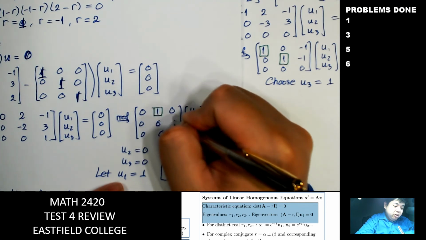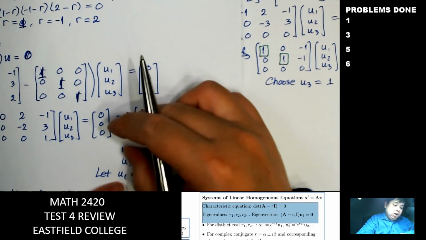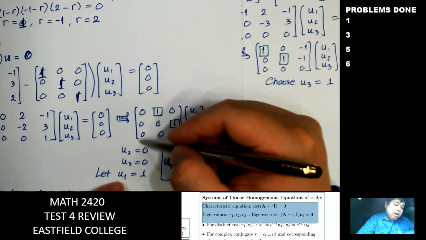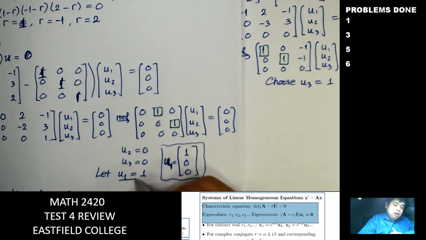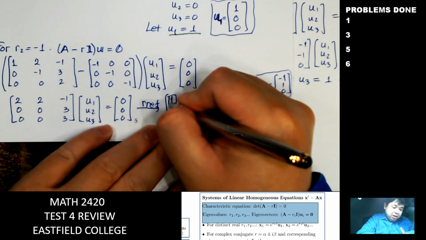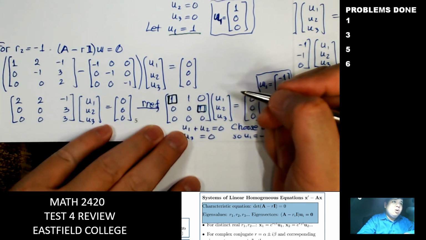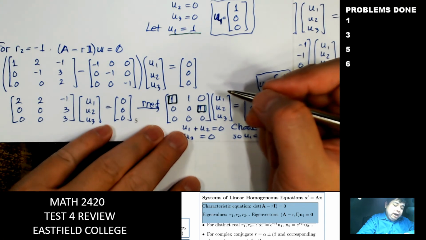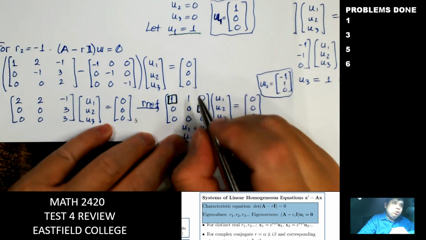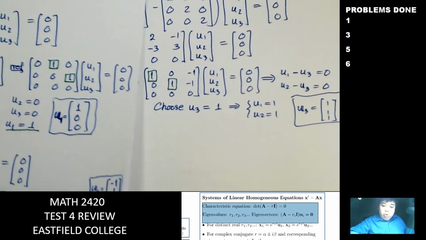The first non-zero element in a row is 1, so we have 1 and 1. This column doesn't have anything, so that's why we're going to let that be 1. Same thing here. The first non-zero entry in the row is 1, and then there's nothing here, so we're going to choose U2 to be 1, and that is pretty consistent.